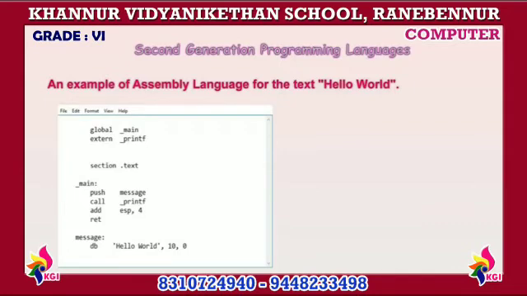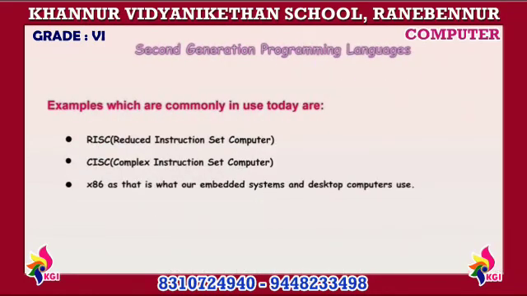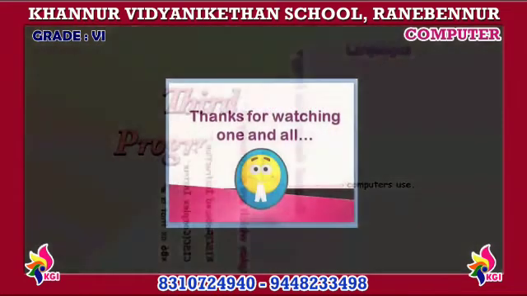Main is different here and the messages are different. Whatever you type into the computer, it will receive as zeros and ones only. That is called the binary language. The examples commonly used today are reduced instruction set computer, complex instruction set computer, and x86, which is what our embedded systems and desktop computers use.